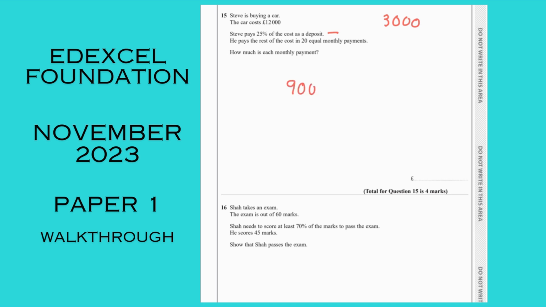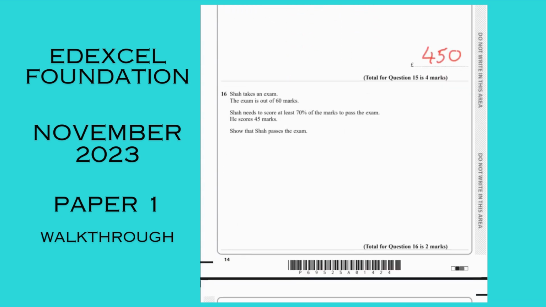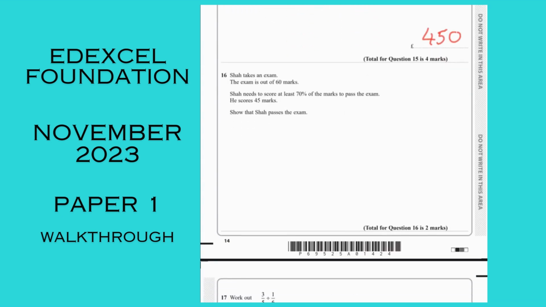There's £9,000 left to pay, and we're going to divide it into 20 equal monthly payments. It's non-calc. When you're dividing, you can just scrub them out, and you have the same answer. 900 divided by 2, £450 for each monthly payment.